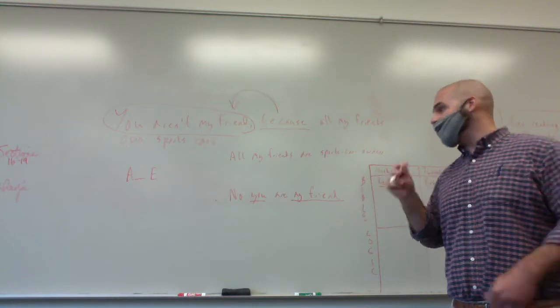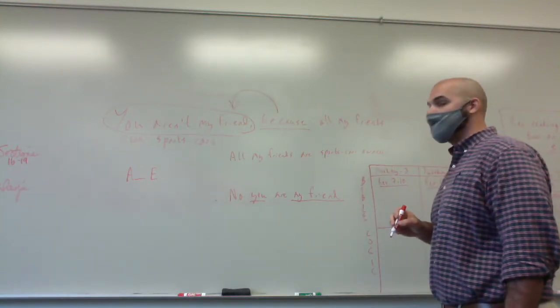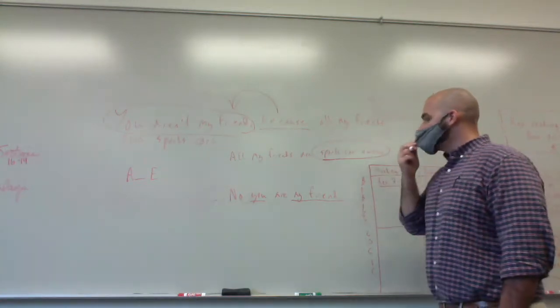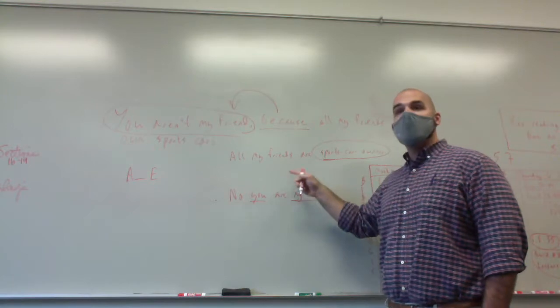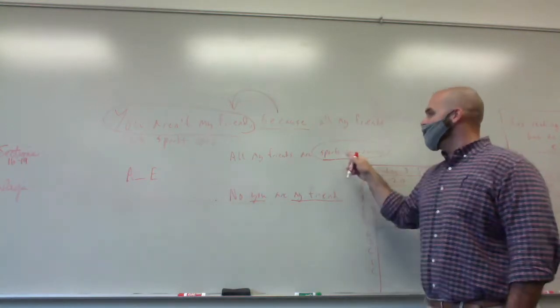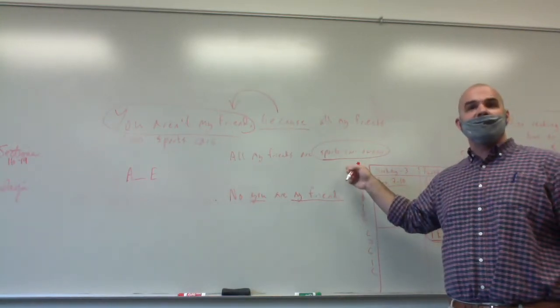Now we can also figure out some other things. What's the middle term of this argument? Sports car owners. Now, sports car owners has to be in this either A or an I. But what do you notice about where sports car owners is in this major premise? Is it distributed or undistributed?